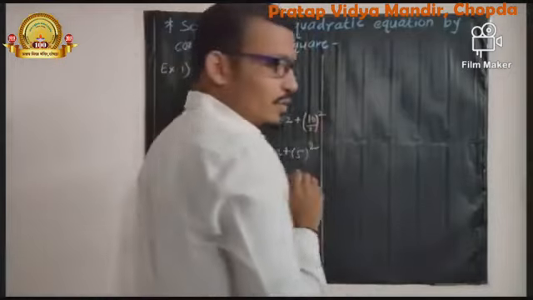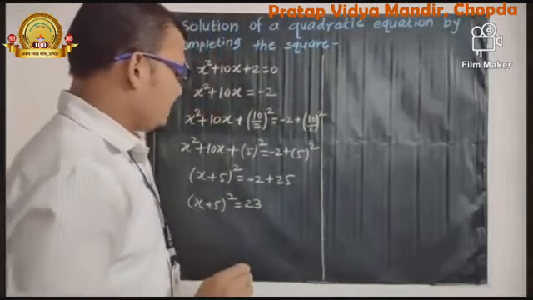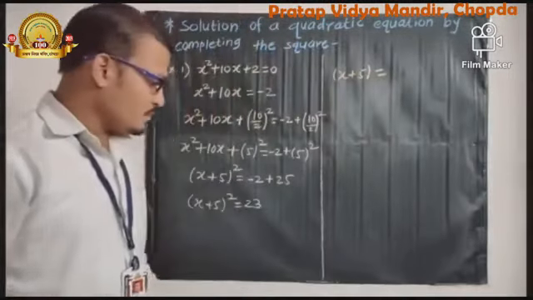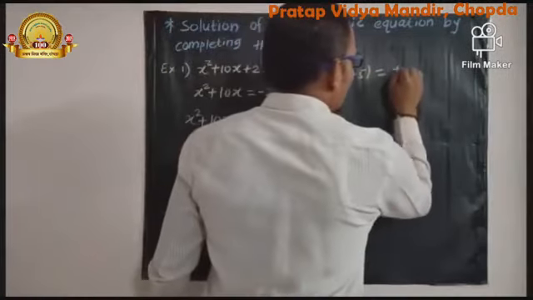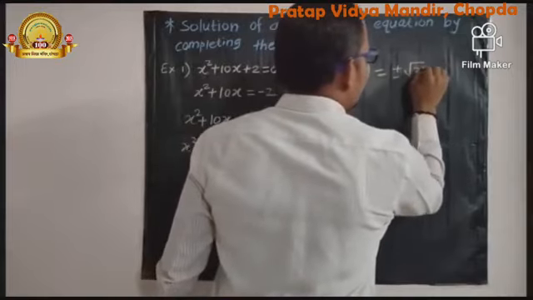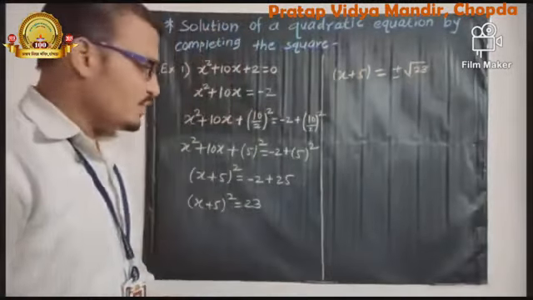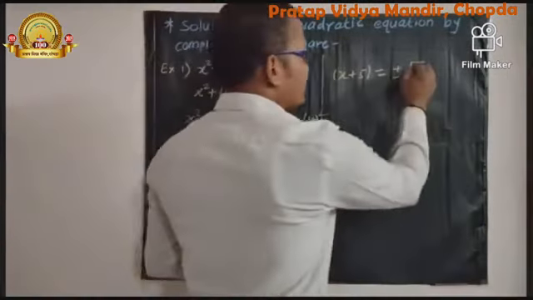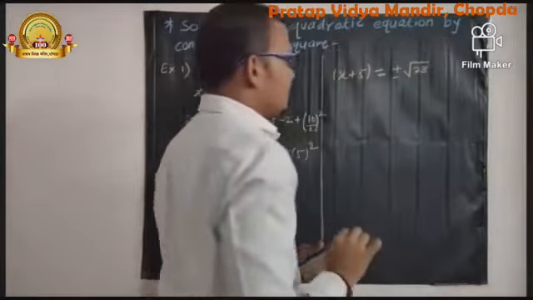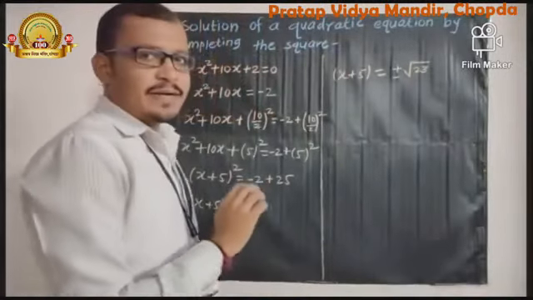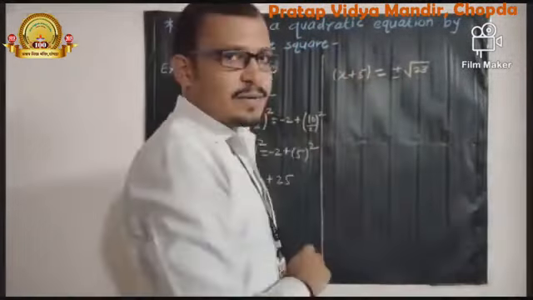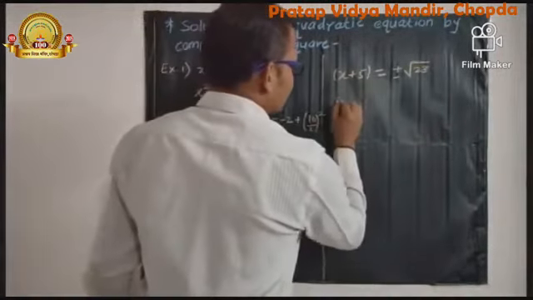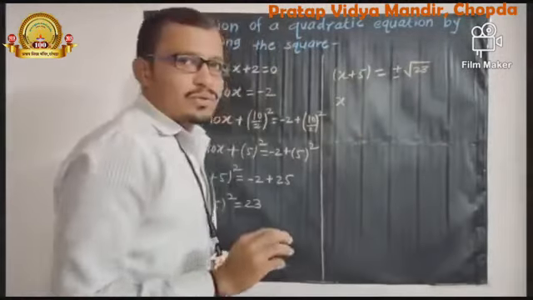So by taking square root on both sides, we get x plus 5 is equal to plus or minus under root 23. Why under root 23? Because 23 is not a complete square, so we write its square root as under root 23. Now to find the solution, shift this 5 toward RHS and then we get the solution of the given quadratic equation. So we get the two solutions here.